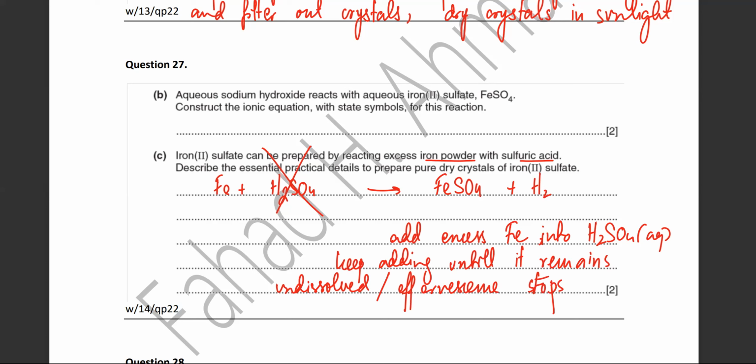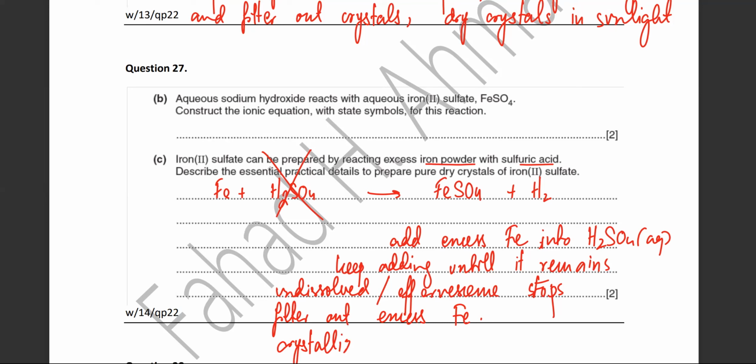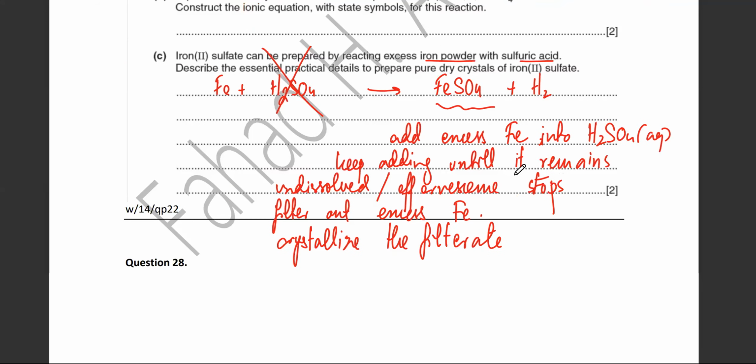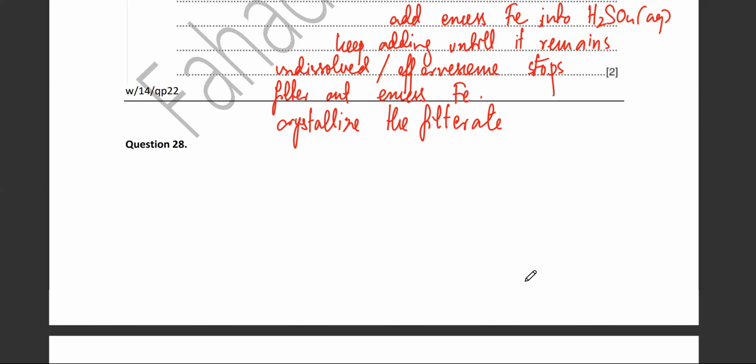And then what you do is remove the excess, filter out the excess Fe, and you crystallize the remaining solution. Write the whole, you crystallize the filtrate which contains FeSO4. So it's going to be the same details. You've been given 5 lines, so crystallize the filtrate and evaporate the solution till saturation point. So it's again excess method.